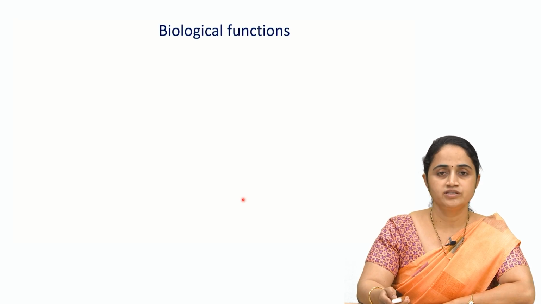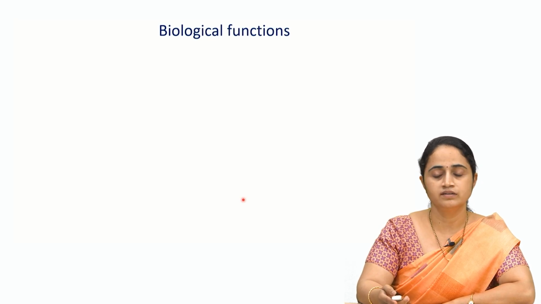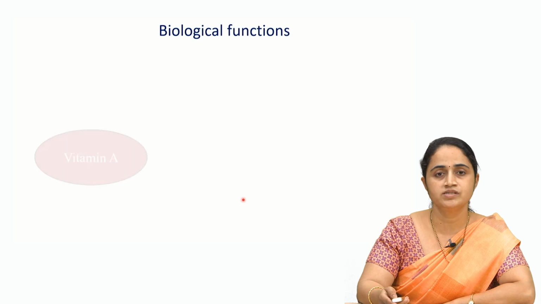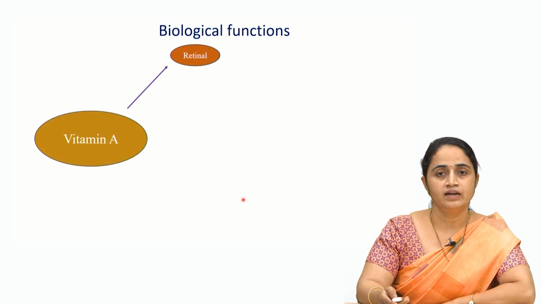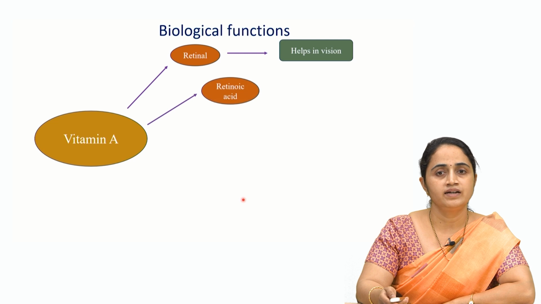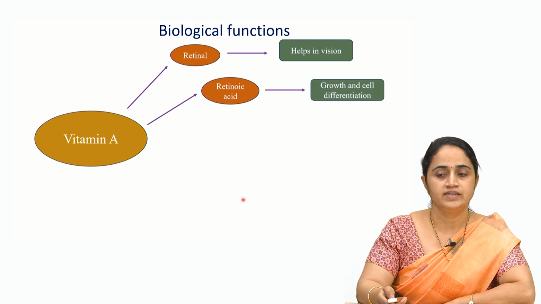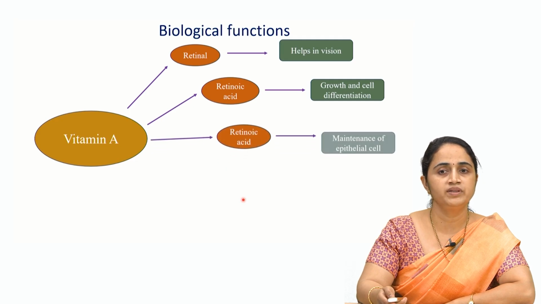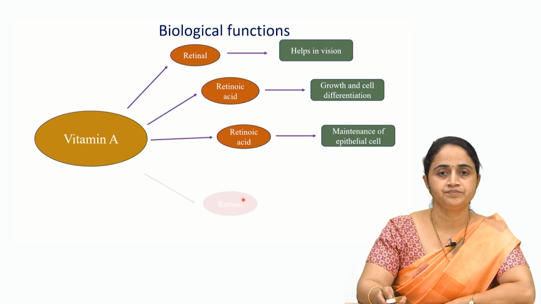So, biological functions, vitamin A is involved in a lot of important functions. As retinal, as I said, the aldehyde form, vitamin A is very much essential for vision. As retinoic acid, it helps in growth and cellular differentiation. Also, retinoic acid is required to maintain the epithelial cells of GIT, gonads, mucosal cells.